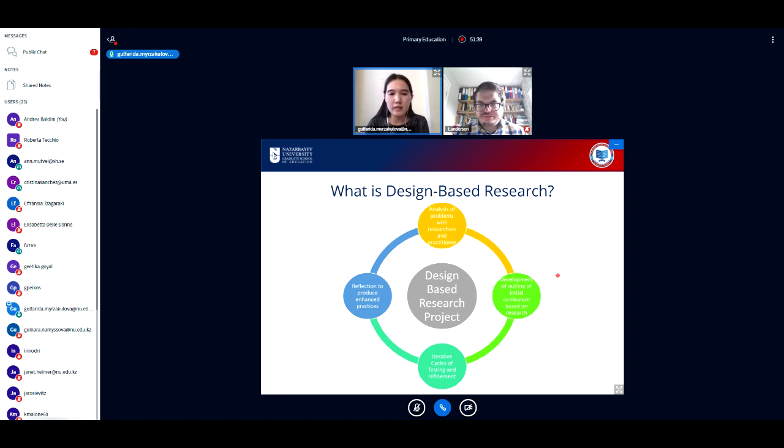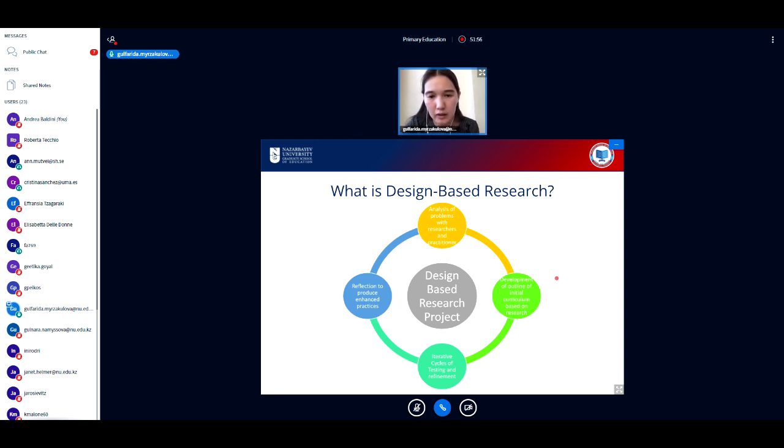We designed our tasks, our units according to these main phases of design-based approach: analysis of problems with researchers and practitioners, development of outline of initial curriculum based on research, iterative cycles of testing and refinement, and reflection to produce enhanced practices.